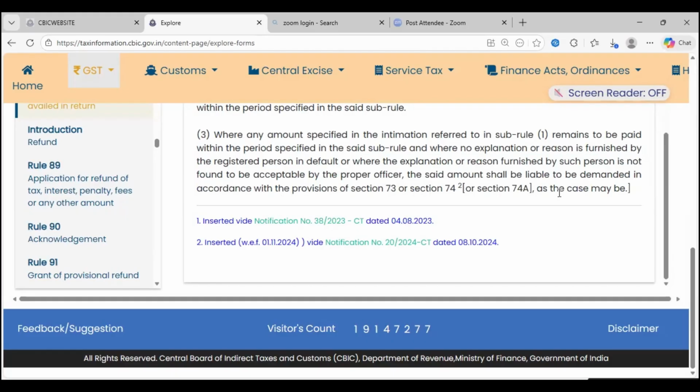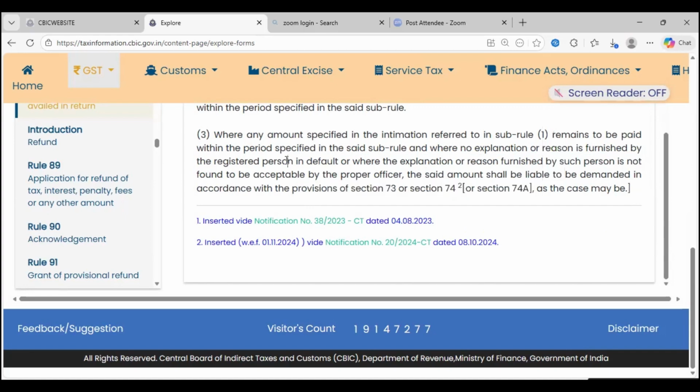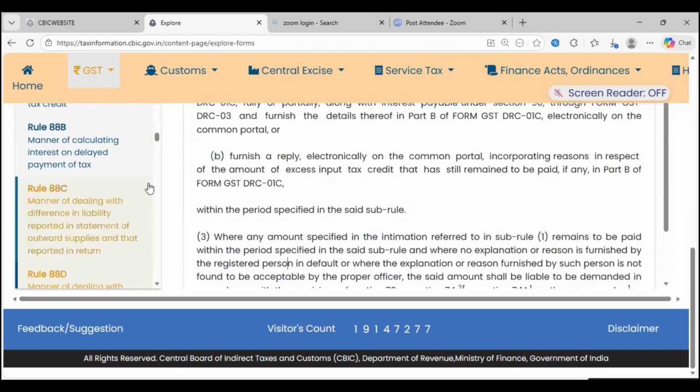Earlier, recovery was under 79, but here they issue a show cause notice under 73 or 74 or 74A. So for self-assessed tax, they're not giving a show cause notice. Straight away they are recovering. But with respect to input tax credit, they may give a show cause notice. This is a difference we need to understand. This is your rule 88C, 88D.